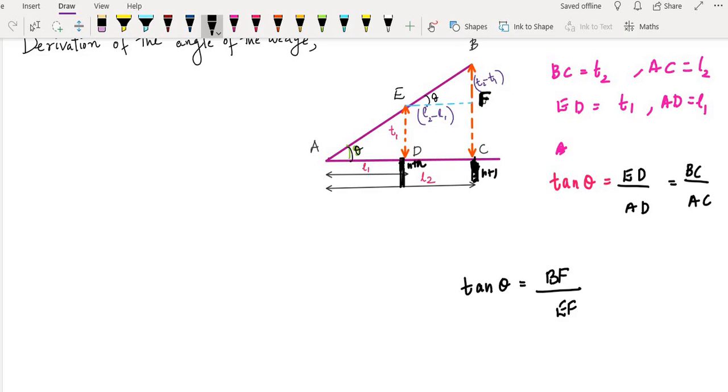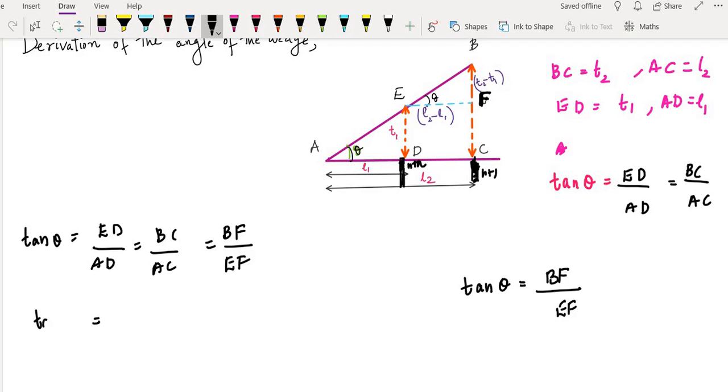So tan theta equals ED by AD, equals BC by AC, equals BF by EF. Now ED by AD is T1 divided by L1, which is equal to T2 divided by L2.